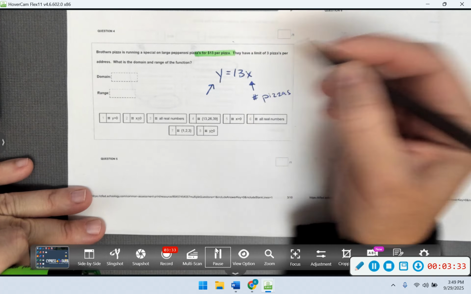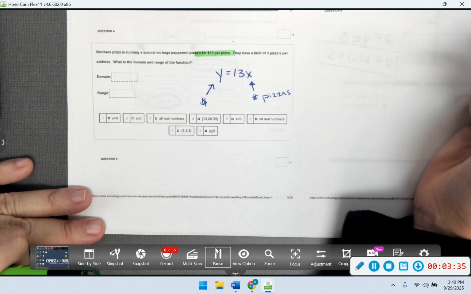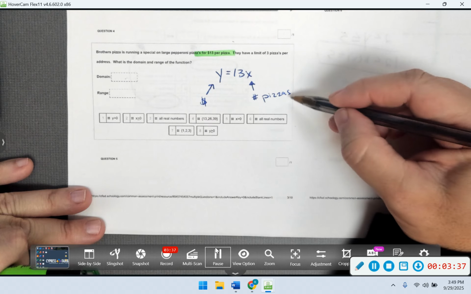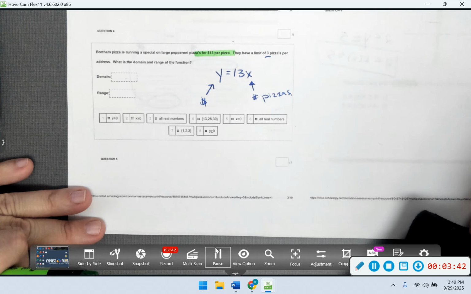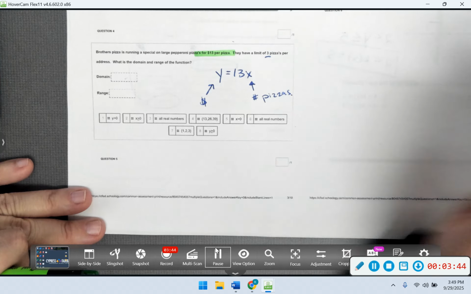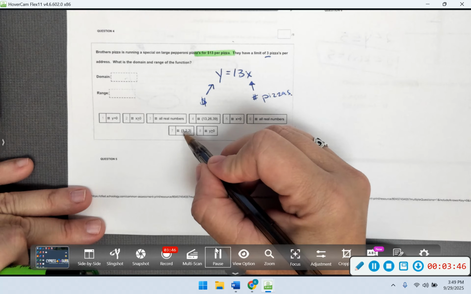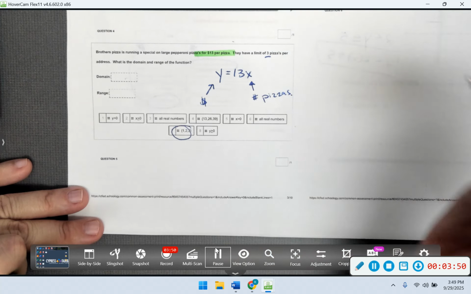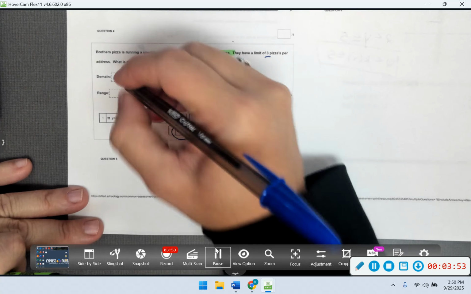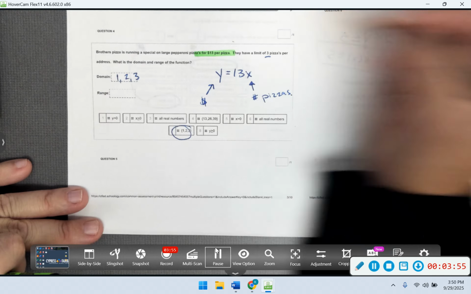So then that means the y is going to be the cost. So if I want my domain, the domain is my number of pizzas. Well, there's a limit of 3. So I can have 1, 2, or 3 pizzas, but I'm not going to buy half a pizza or 1.5 pizzas, right? So it's discrete. So my domain is going to be 1, 2, 3.